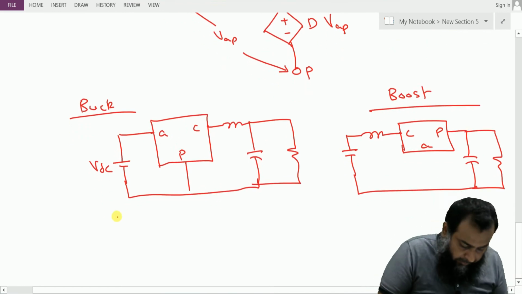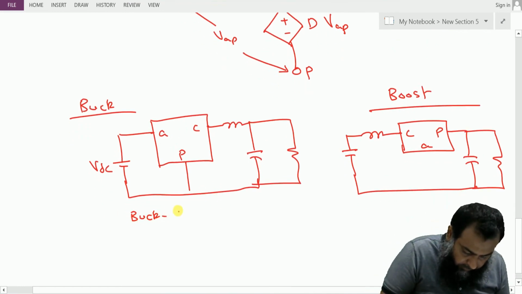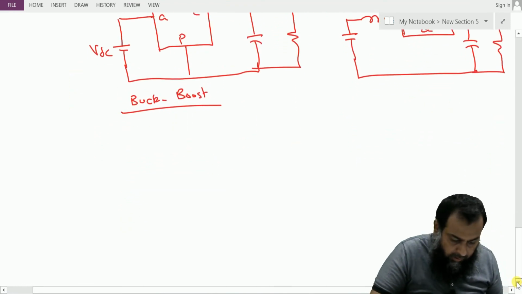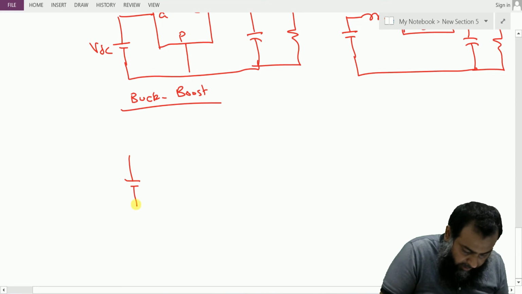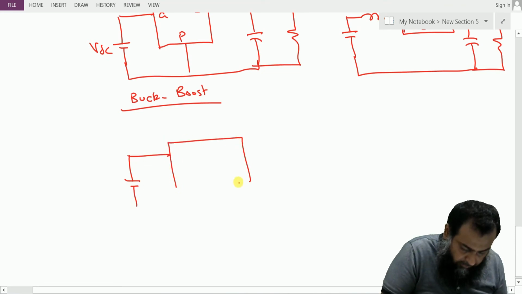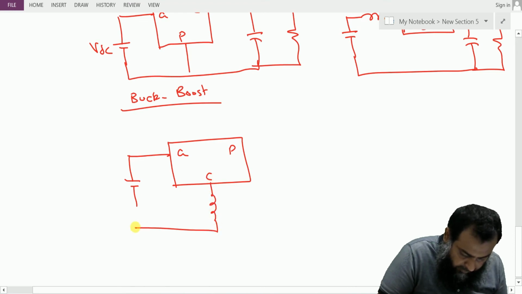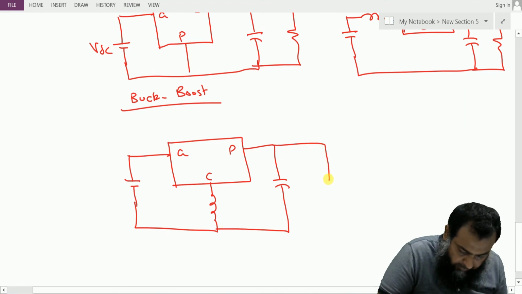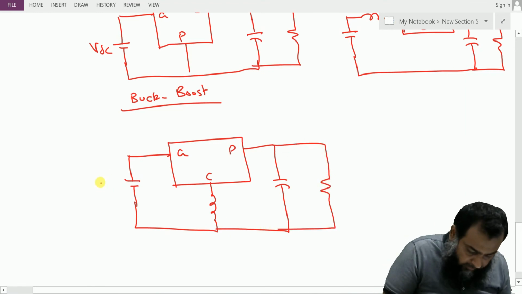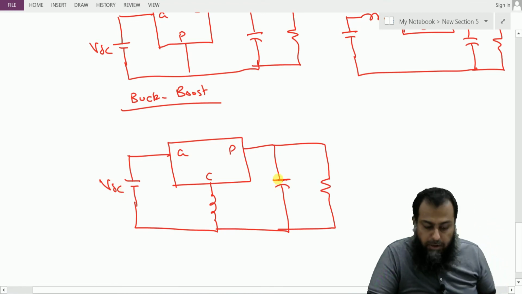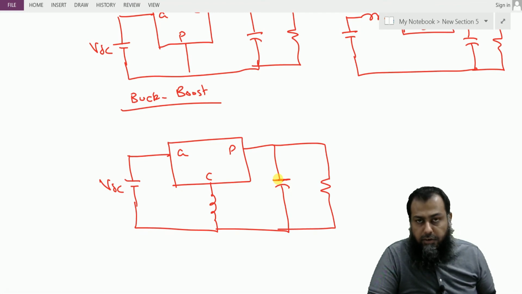For a buck boost converter, the circuit can be developed as this one, and we can then simulate the circuit for a buck boost converter. Similar models are available for the Cuk converter and other converters as well.